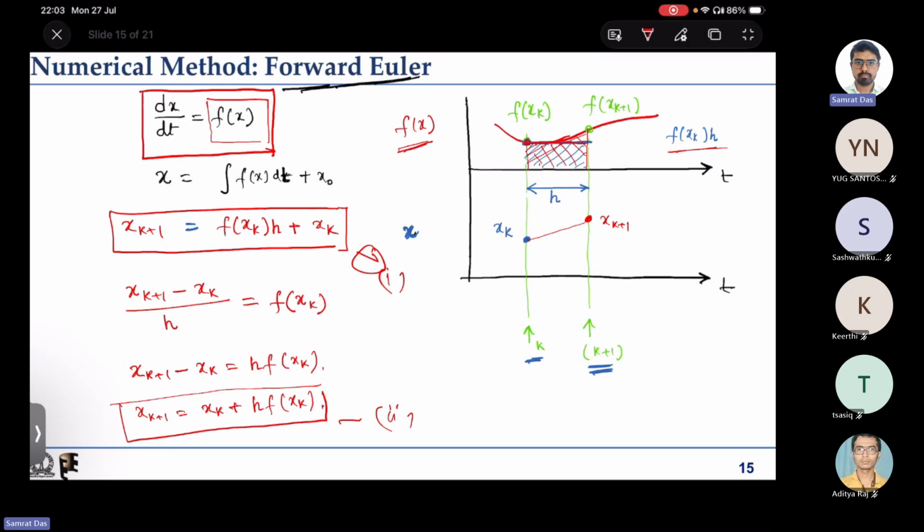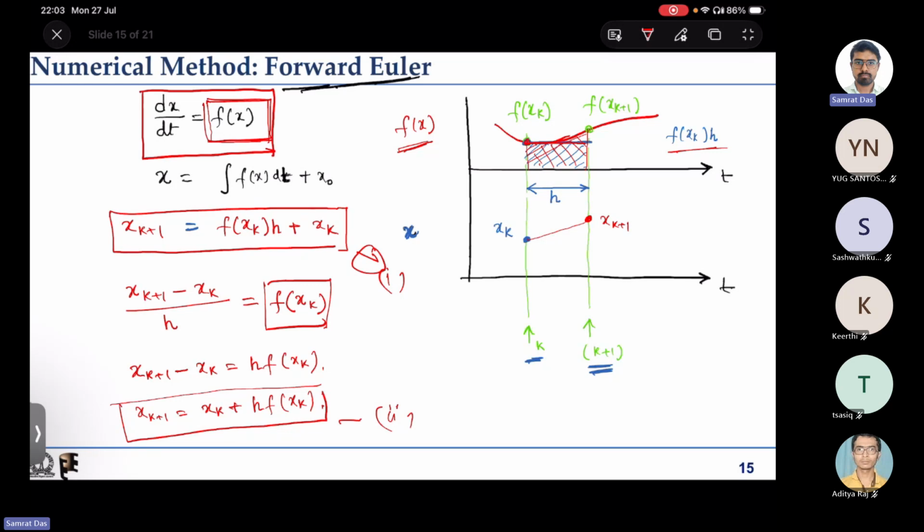So for forward Euler, we have to replace f of x by f of xk. This is the principle, and after that we have to derive the equation.